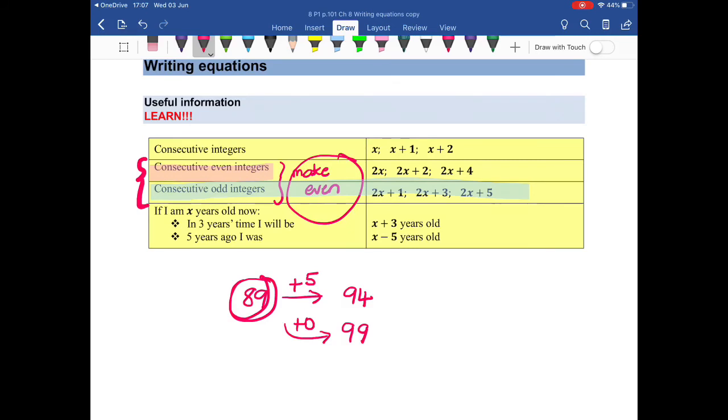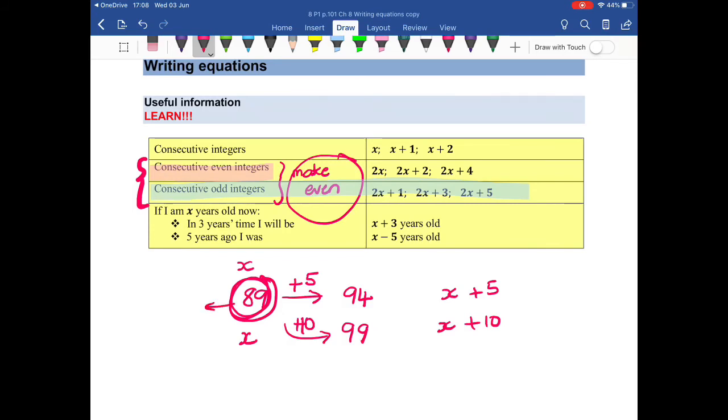But in each case, I'm going to call 89 my x. That is my age now. So in 5 years' time, I would be x plus 5 years old. In 10 years' time, I would be x plus 10 years. How old was I 2 years ago?